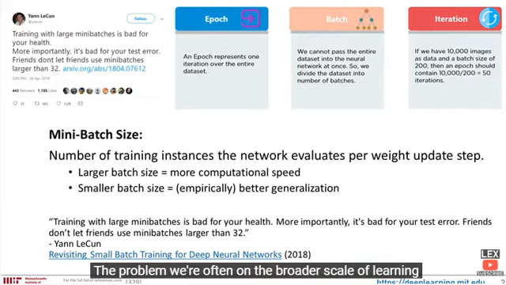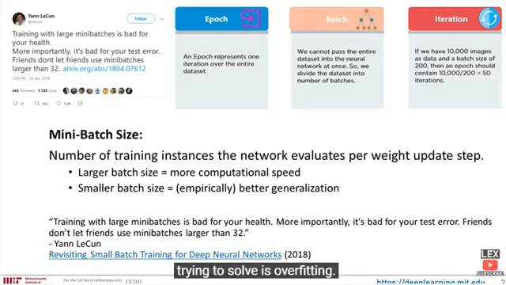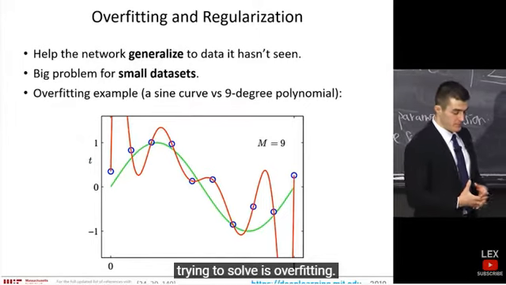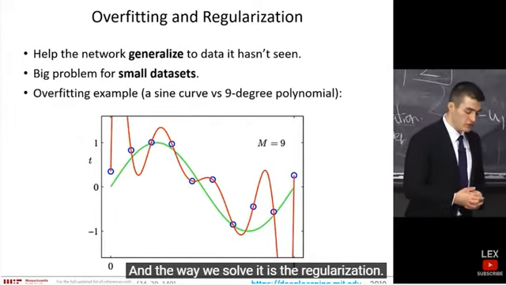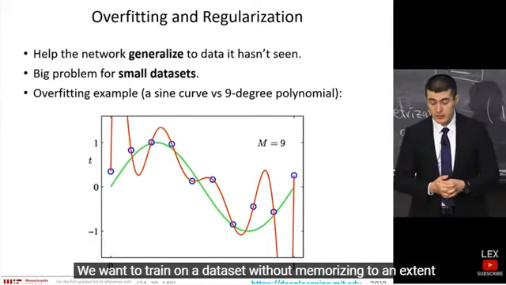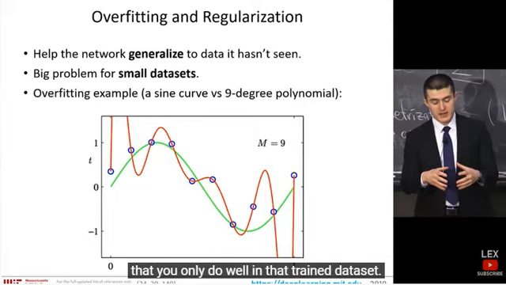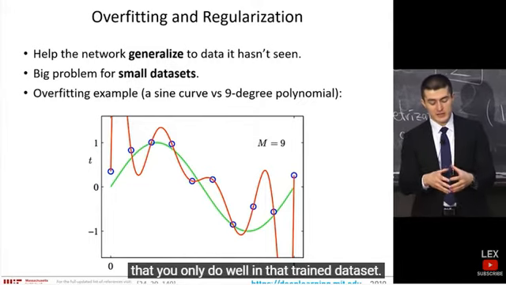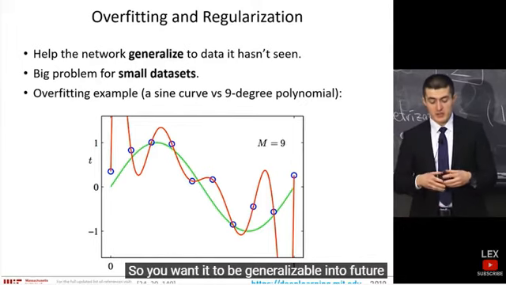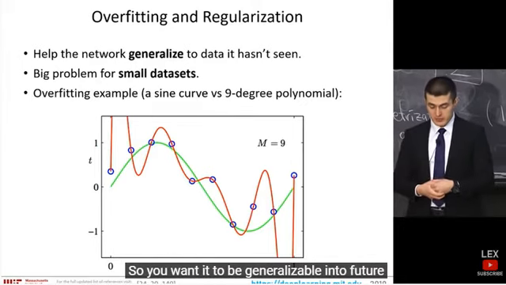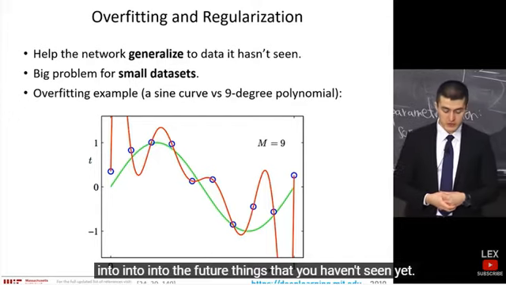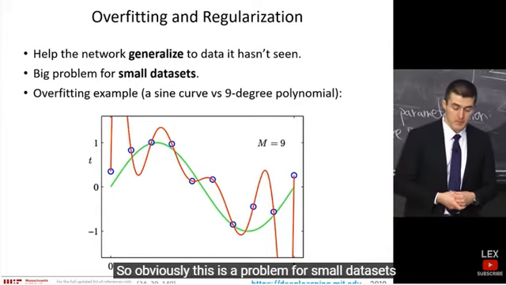The problem we're often trying to solve on the broader scale of learning is overfitting. And the way we solve it is through regularization. We want to train on a data set without memorizing to an extent that you only do well in that trained data set. So you want it to be generalizable into the future things that you haven't seen yet.